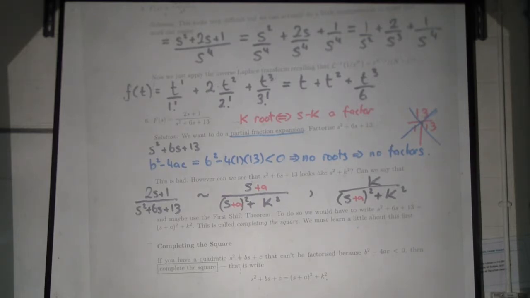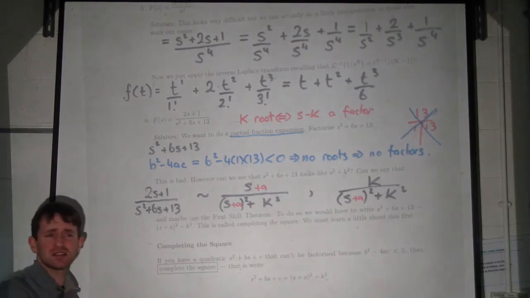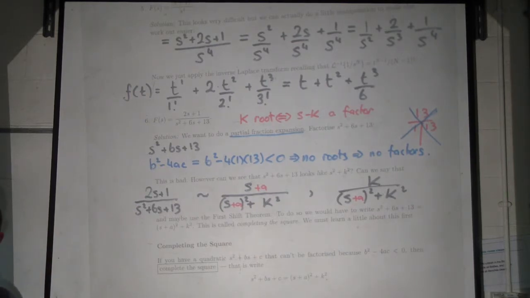So the thing is, could we possibly write this as a combination of those? By the way, just going to where we're going, if you did have one of these, this would be a shifted cos, and this is a shifted sine. Cos and sines are basically the same thing, just waves.